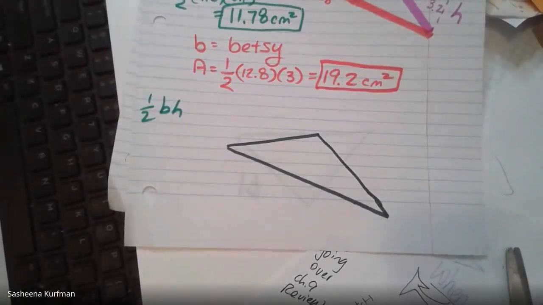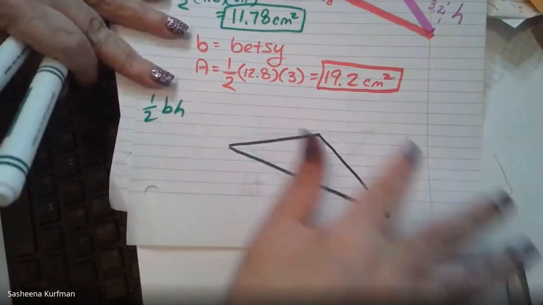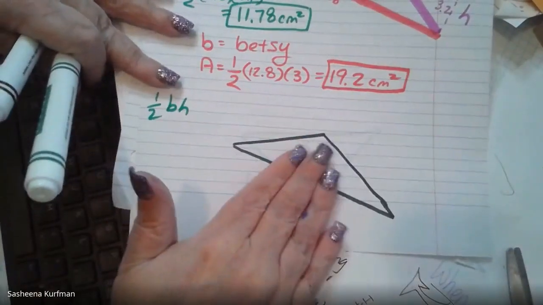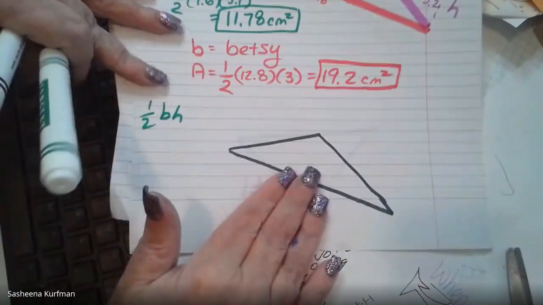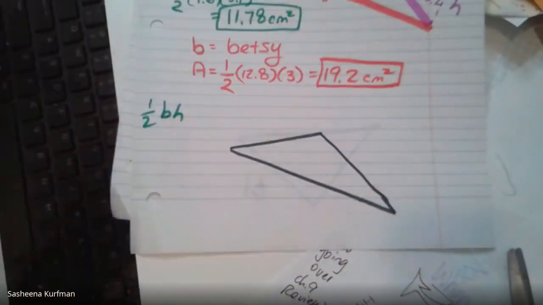The base is a side and the height is the perpendicular distance from that side to the opposite vertex. I'll show you what that means. I'm going to show you the correct height on this, and then we'll be able to compare these two.